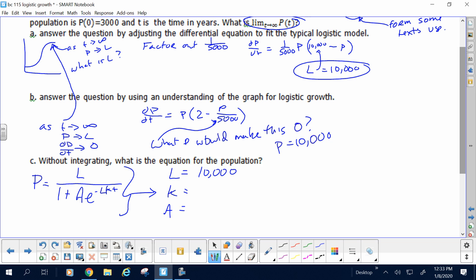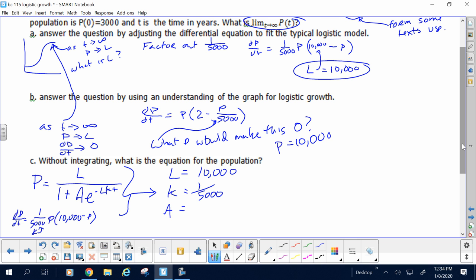Remember, back up here, we said dP/dt was 1/5,000 P times (10,000 minus P), yeah? Now when it's in that form, what else do you know? Yeah, this is K. So K is 1 over 5,000.